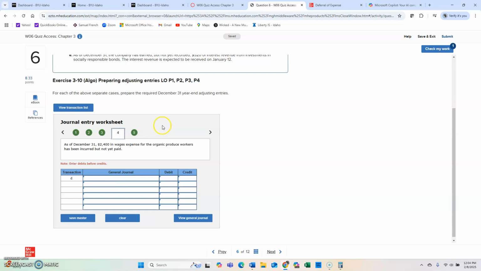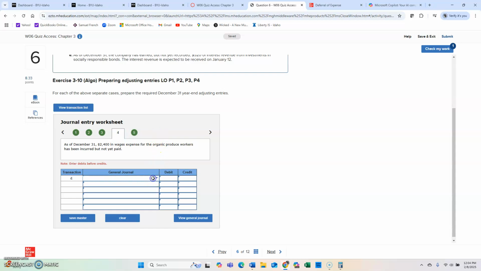Okay, number 4. As of December 31st, $2,400 in wages expense for the organic produce workers has been incurred but not yet paid. So when it hasn't been paid, it means that we owe them a bill, and that means that we have a payable, which is a liability.